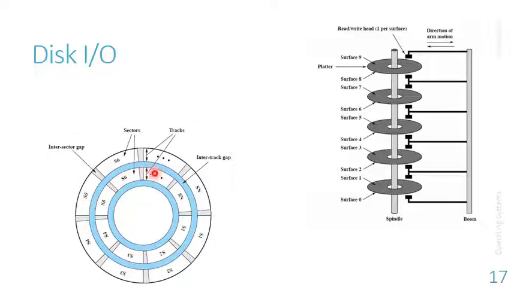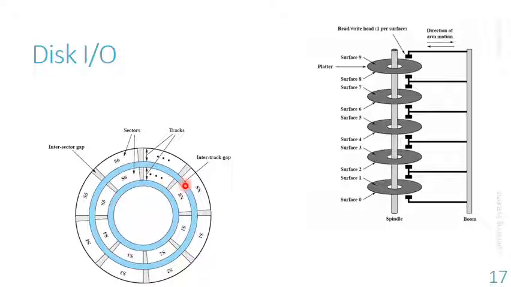I want you to notice something else on that particular schematic here. You can notice something in blue and something in gray here. Here you feel like there's some kind of gap: the inter-sector gap here, and then the inter-track gap. So the big question is, why is that? It took us some time during class to discuss it and debate it, but it was an interesting debate.